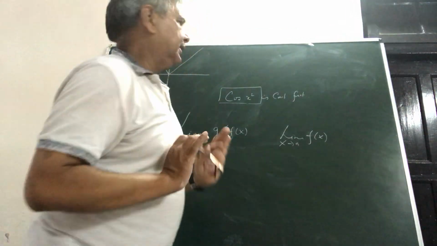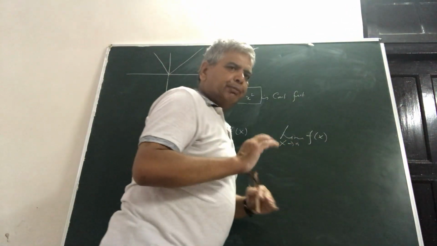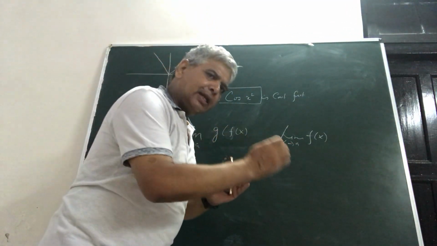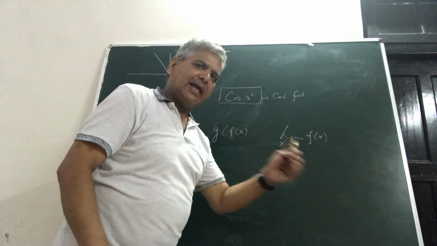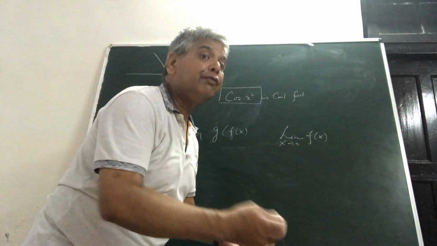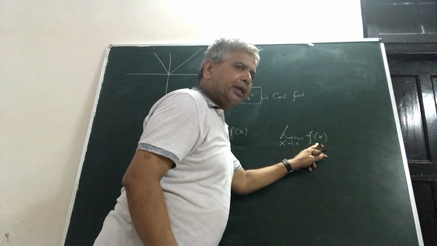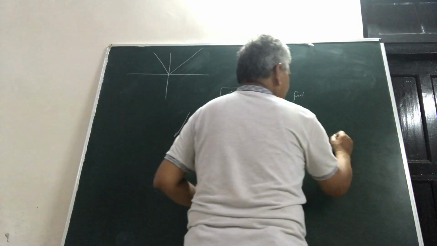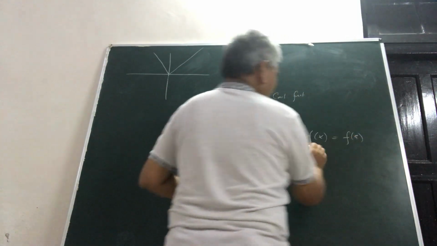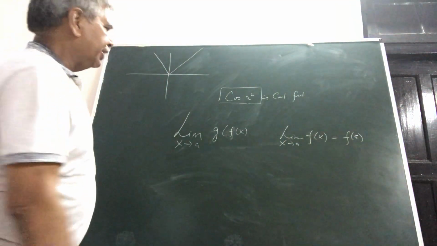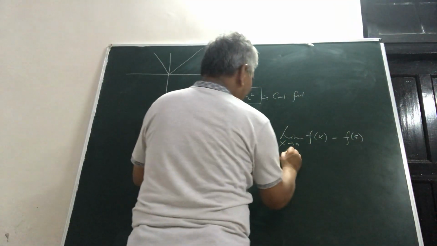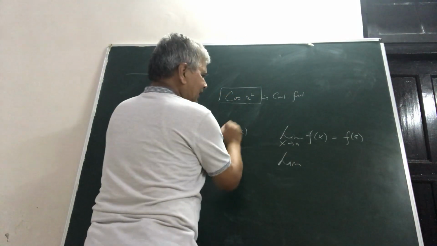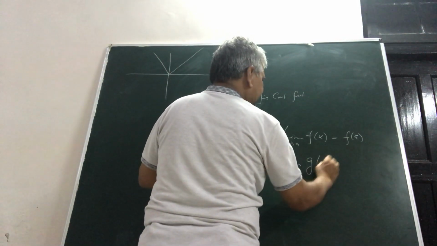This limit should exist. Now here, if it is continuous, because in the theorem, the internal function is continuous as well as the external function is continuous, but continuous where? The internal function should be continuous at point a. So here it should be f(a), if at all the internal function f is continuous. And what about the external function? Let me put the internal function equal to t. So this is g(t).